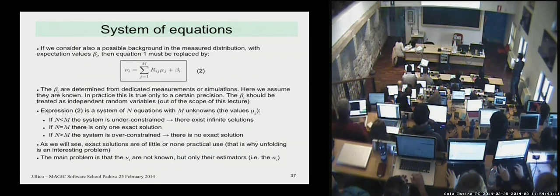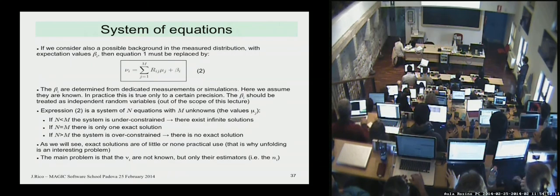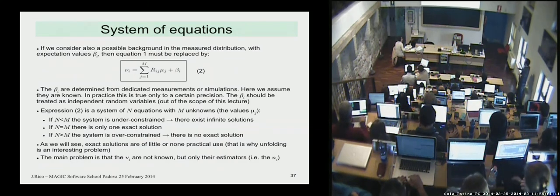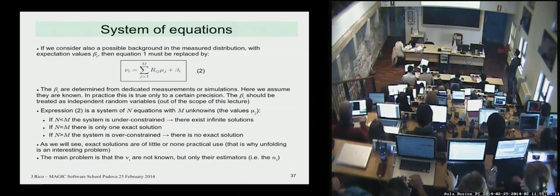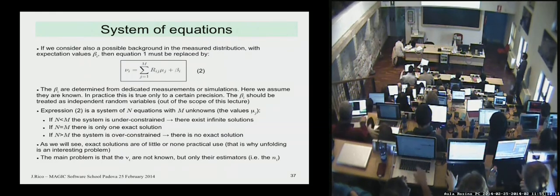Now, if you realize, this expression here is just a system of n equations, one equation for each value of i, with m unknowns. m is the number of true bins, the mu values. And then you have the usual situations where you can have an under-constrained system or over-constrained, or in the case n equals m, there is only one exact solution for the system of equations.